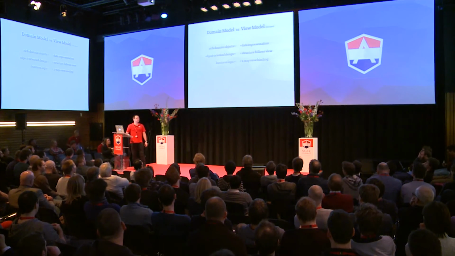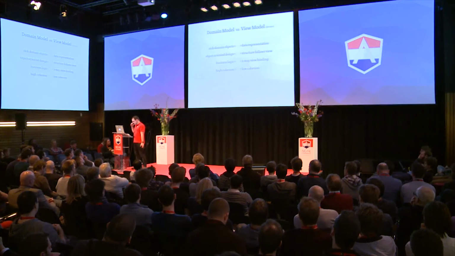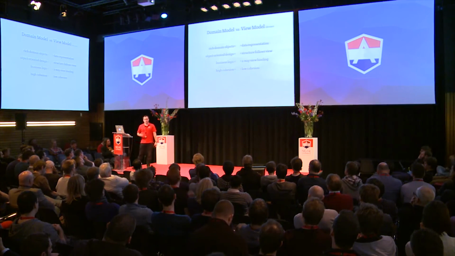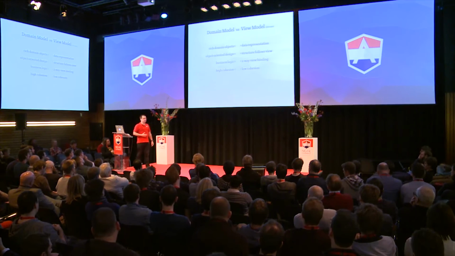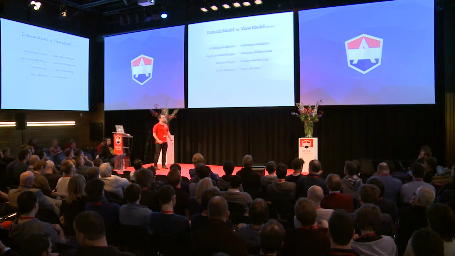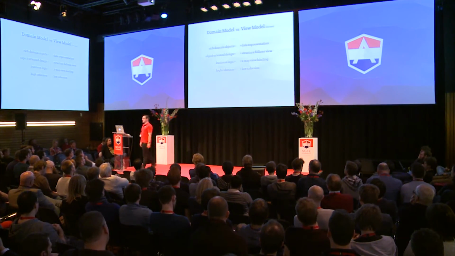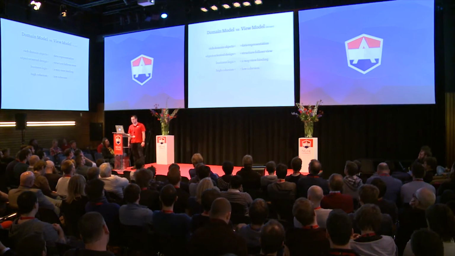The view model, then again, has technical features such as two-way view binding. The domain model has high cohesion. You should always use the expertise that you've got from developing Java applications for years. Just use high cohesion and low coupling and stuff like that.